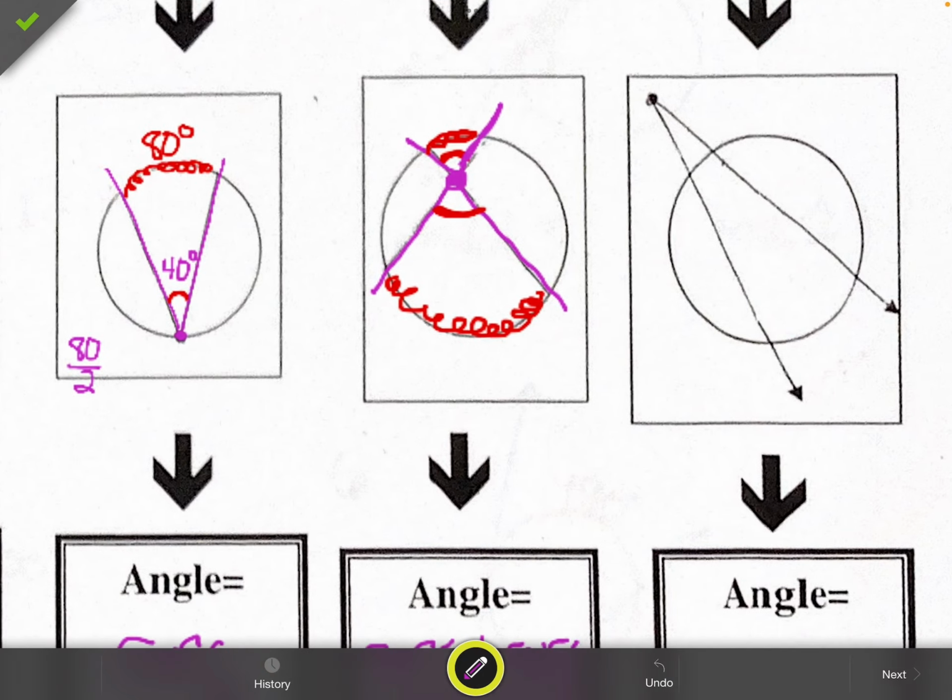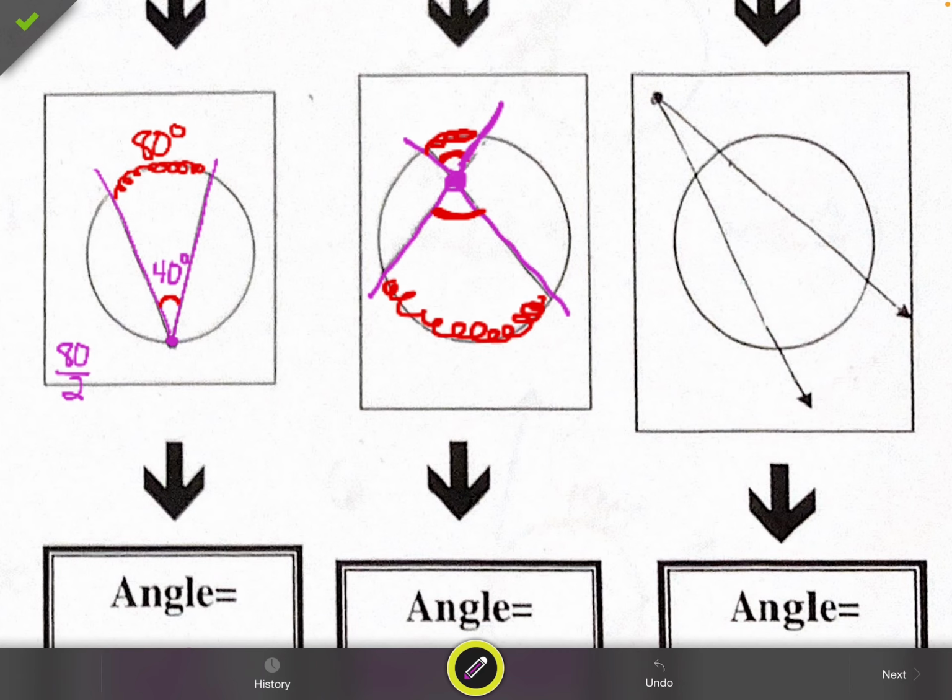So in other words, if I know that this arc right here on the bottom is 120 degrees, and I know that this arc right here is, let's say, 40 degrees, to come up with either angle measure, again, they're vertical, so they'll have the same measure.